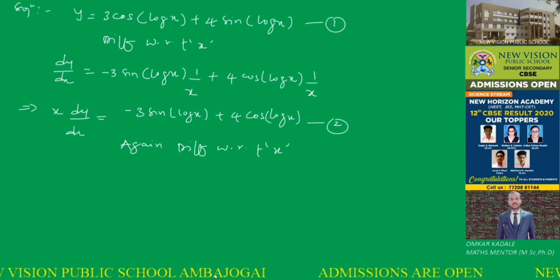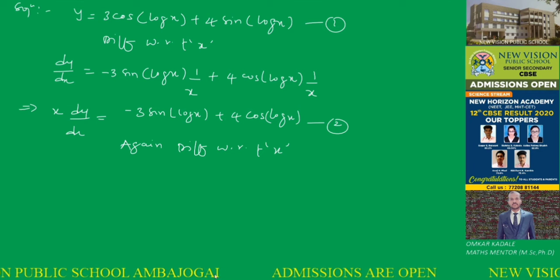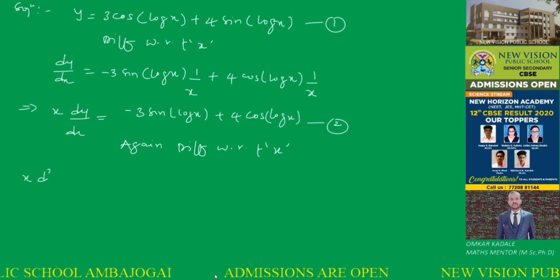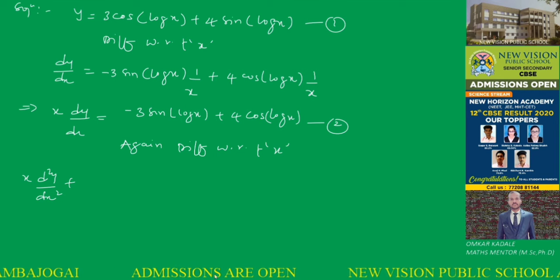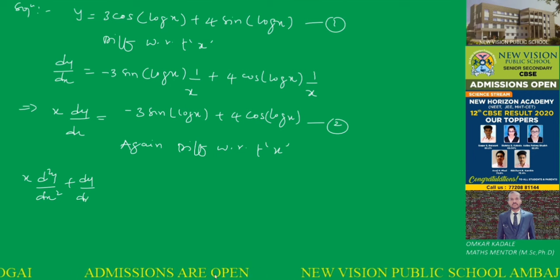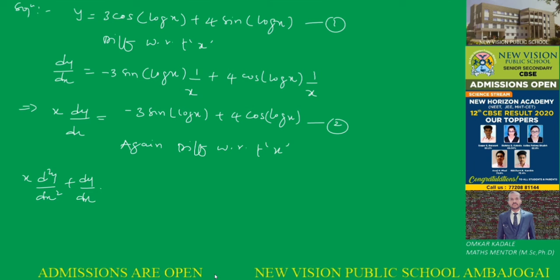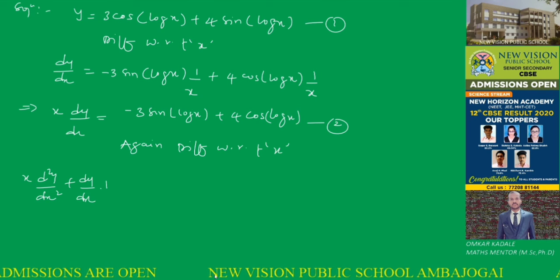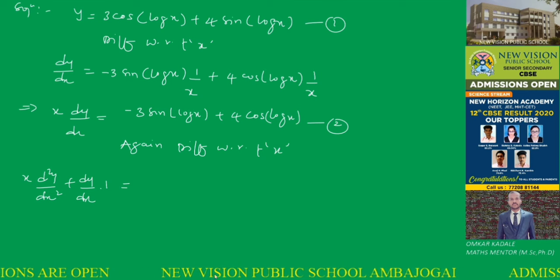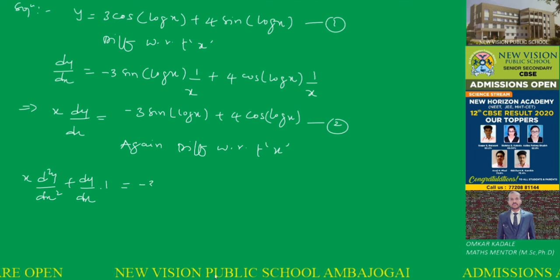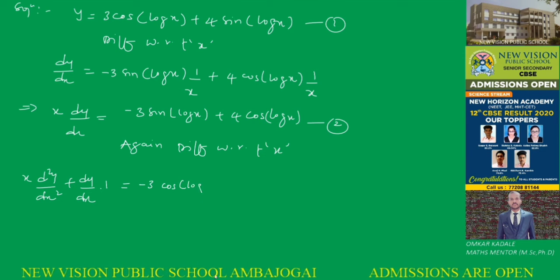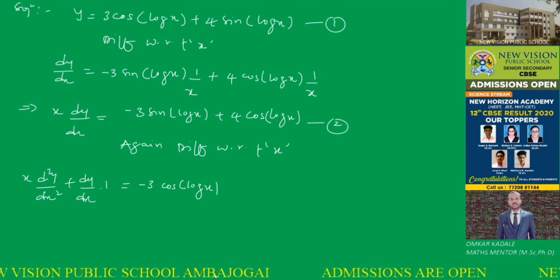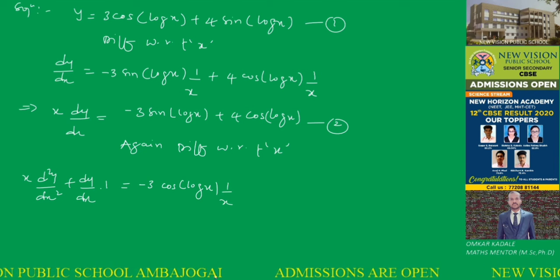First function as it is, differentiation of the second function with respect to x, that is d2y upon dx square, plus second function as it is, differentiation of the first function, which is 1. So it equals minus 3 as it is, differentiation of sin log x is cos log x, again differentiation of log x is 1 by x.